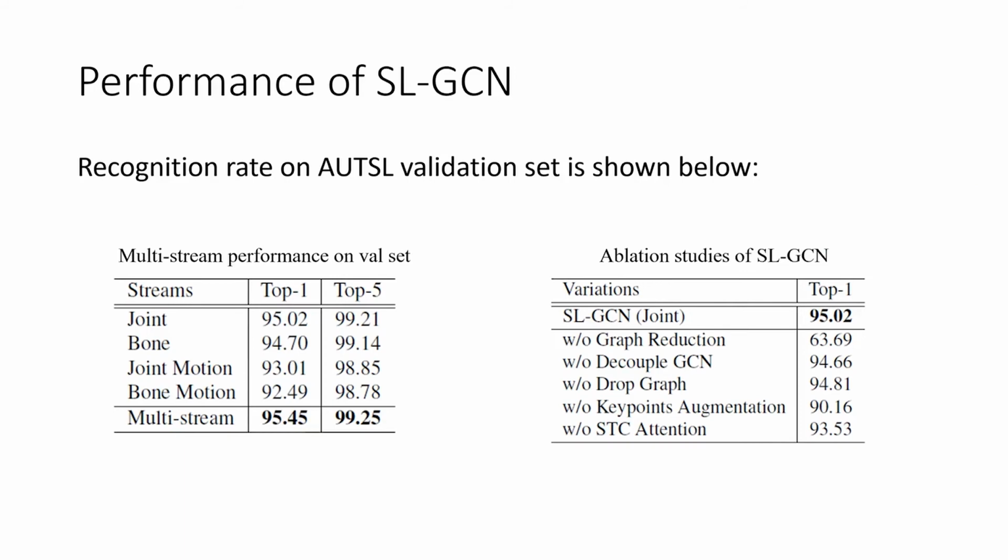The performance of SLGCN is shown below. First, we evaluate multi-stream performance on the validation set, and the multi-stream approach further improves the recognition rate by 0.4. We also conduct ablation studies to show the contribution of different model components. From the study, we can see that all the components contribute to the recognition rate.